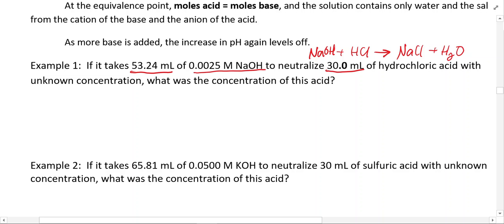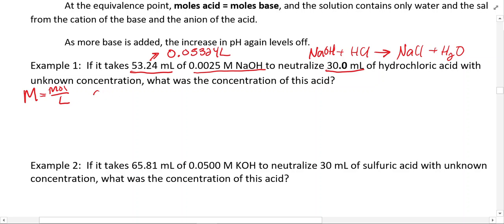So the first thing that we have to do is figure out how many moles of NaOH we have. Molarity is moles over liters, so we have to convert our milliliters to liters. So it's going to be 0.05324 liters.